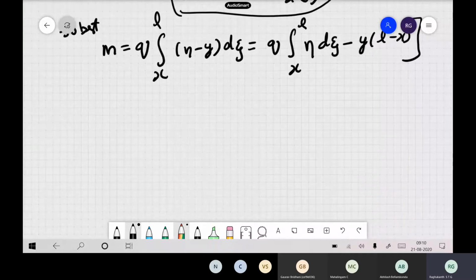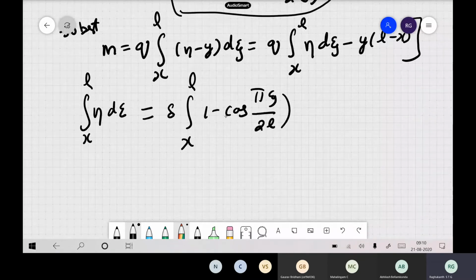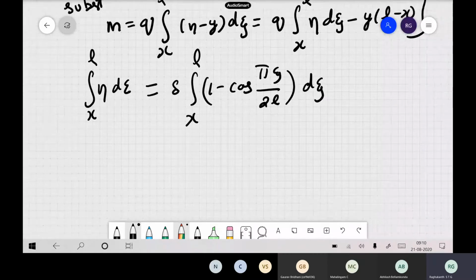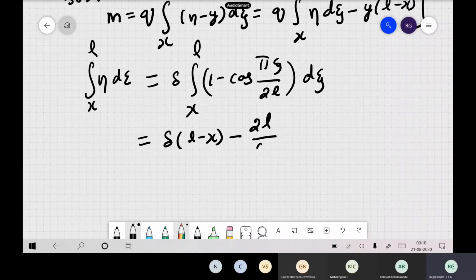Now this integral of eta d psi can be easily calculated using trigonometric functions: the integral of 1 minus cos pi psi by 2l d psi. You evaluate this integral, and we automatically get delta times l minus x minus 2l by pi times 1 minus sine pi x by 2l.